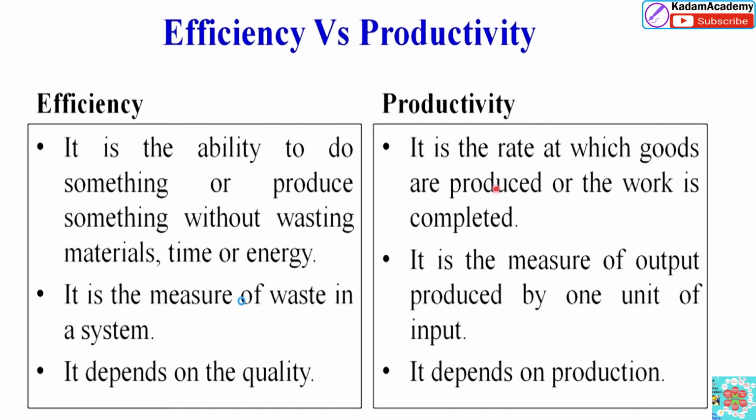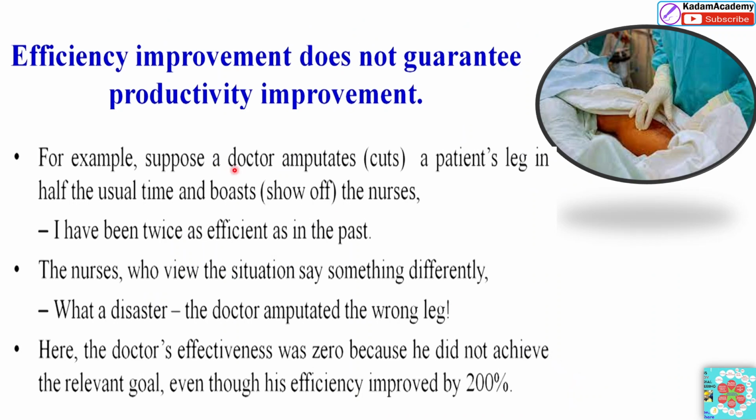See the difference: here it is the rate at which work is completed, but there it is the ability to do or produce something without wasting material, time and energy. That is efficiency. It is a measure of waste in a system, and it depends on quality. In productivity, it is a measure of output produced by one unit of input. It depends on production.